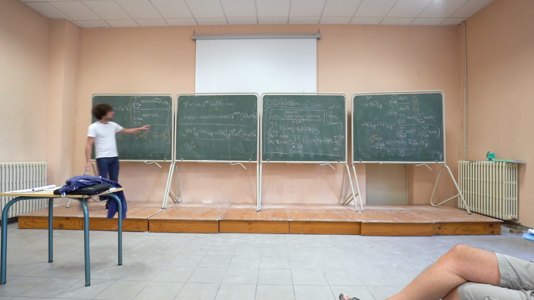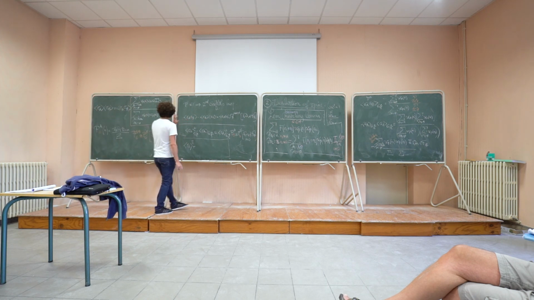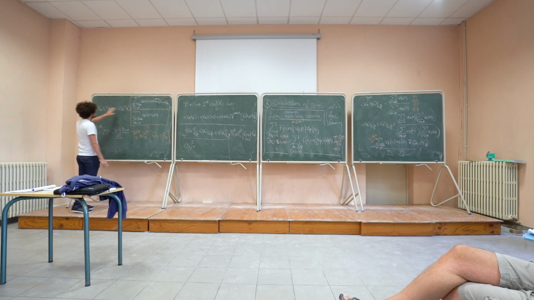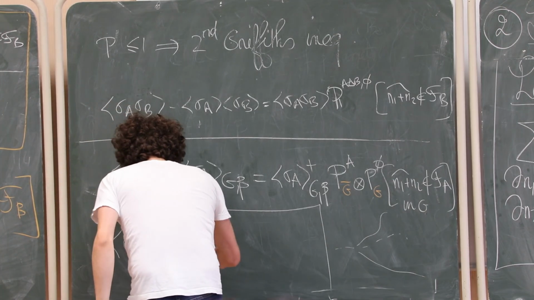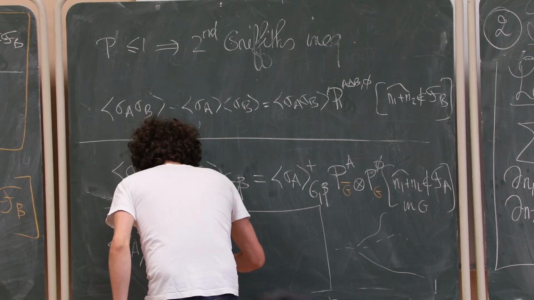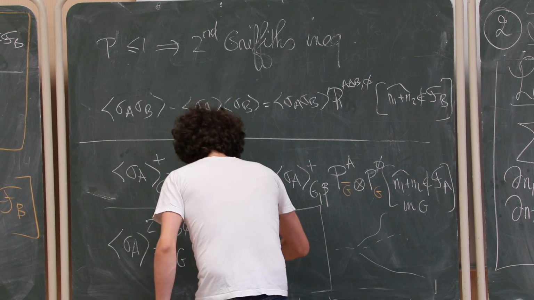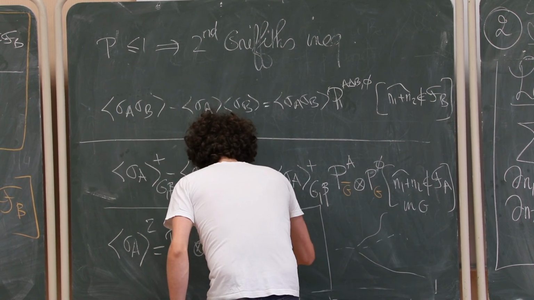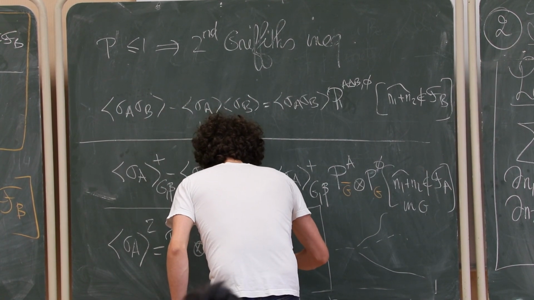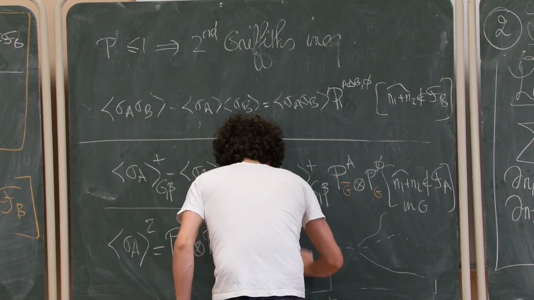If you just look at sigma_A squared, it's equal to the probability, in G with empty set, since the symmetric difference is empty, where I take an independent second current and look at N1 plus N2 hat in F_A.